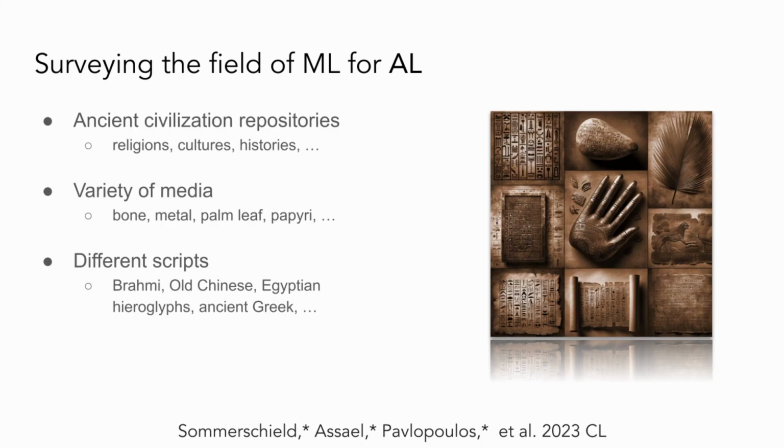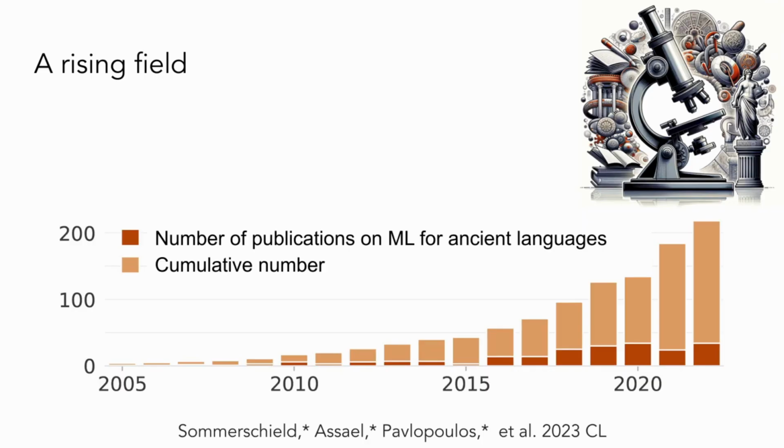useful. So ancient languages are key conveyors and repositories of ancient civilizations. They encode several aspects of the past, as you may already know. And the texts that preserve these languages were written over the centuries on a variety of media, a variety of scripts. And we could say that similarly to how microscopes and telescopes have contributed to the realm of science, the humanities can now be assisted by machine learning.